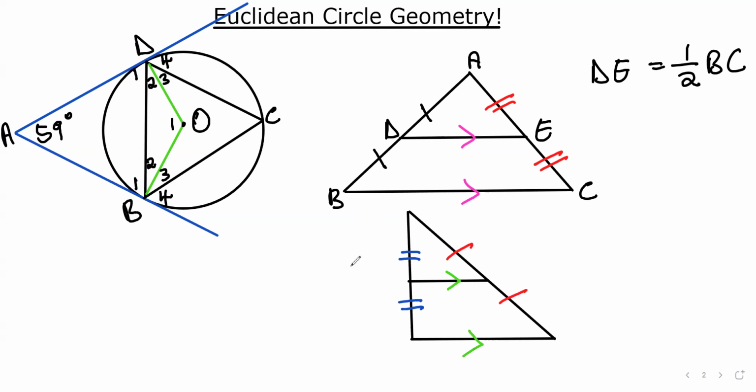It's actually more like a converse, but not really a converse. It's another way of stating the midpoint theorem. Or maybe we can say it's two midpoint theorems if you like.